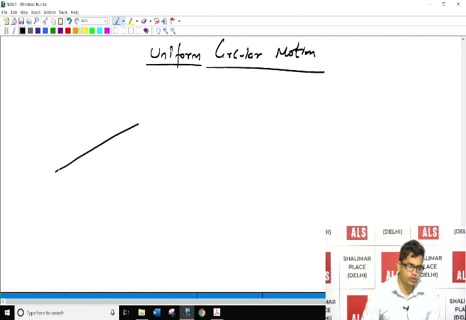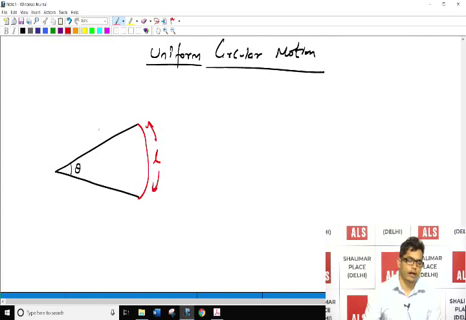I hope you know the relation between angle in radians theta and the arc length. Suppose this arc length is L and the radius is R, alright. So can you please tell me the relation between these three quantities, arc length and theta and radius?